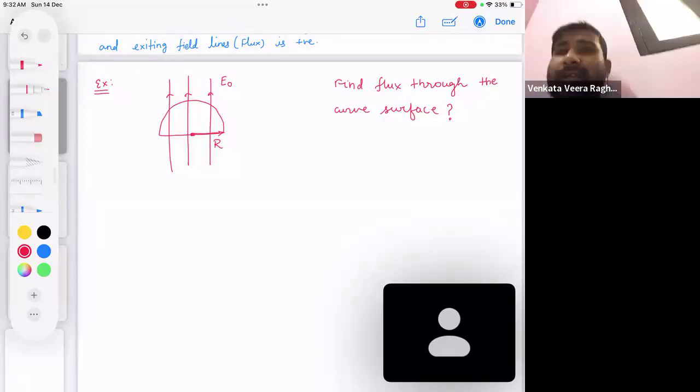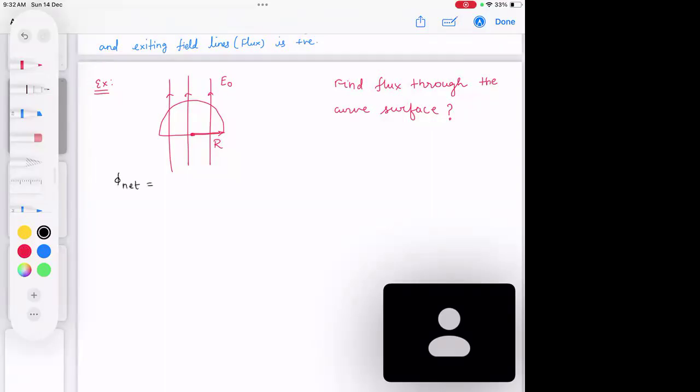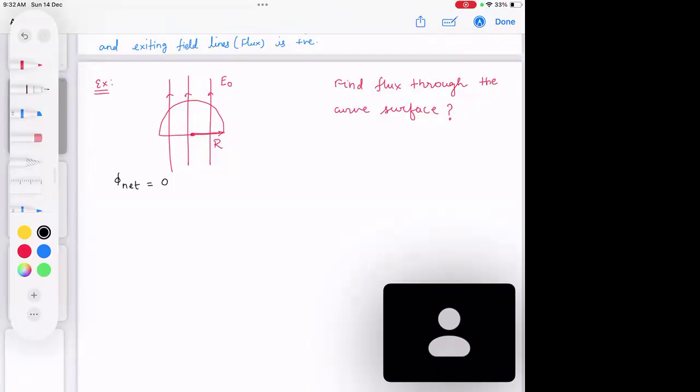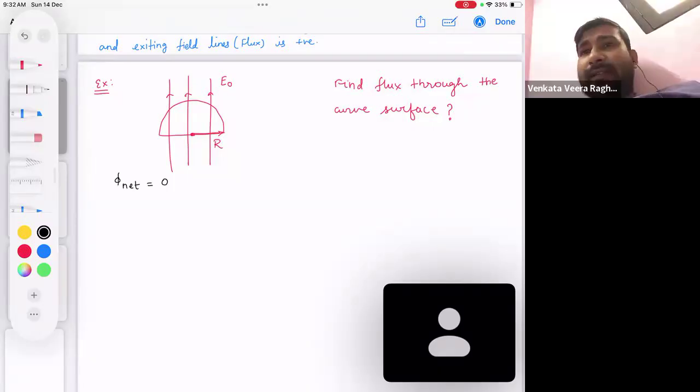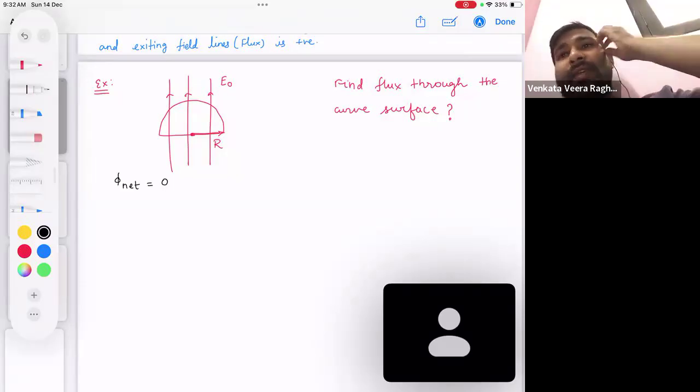Can I write that the net flux is going to be 0? E naught pi r square. Right. Yes. E naught into pi r square.